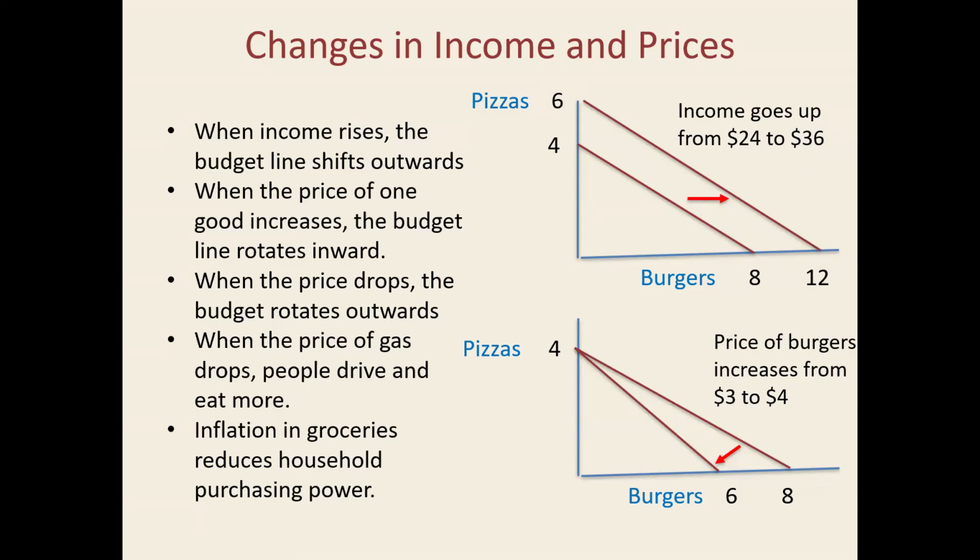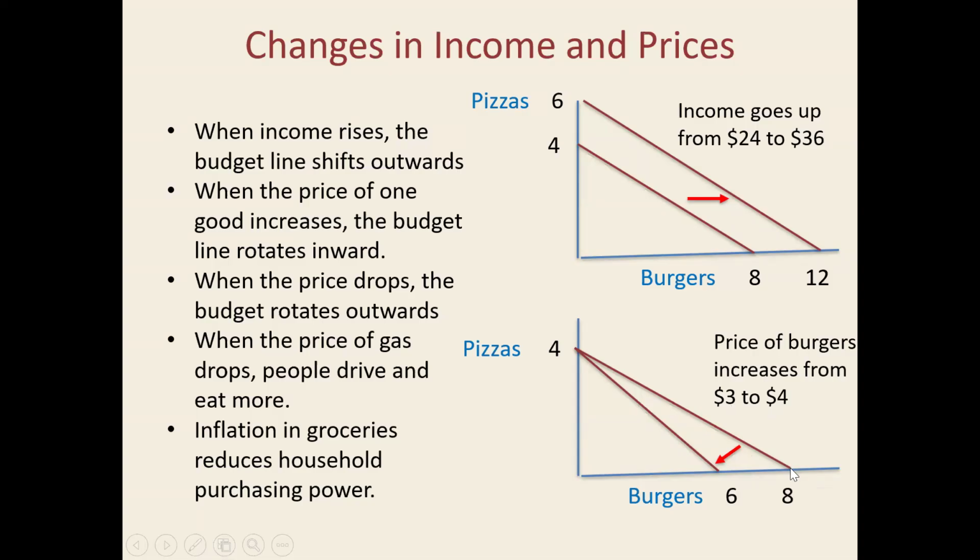What happens, however, if the price of one of the goods changes? If the price of one of the goods increases, the budget line rotates inwards. If we look at the example in the bottom right, let's say that we had a budget of $24 as before, but the price of burgers increased from $3 to $4.